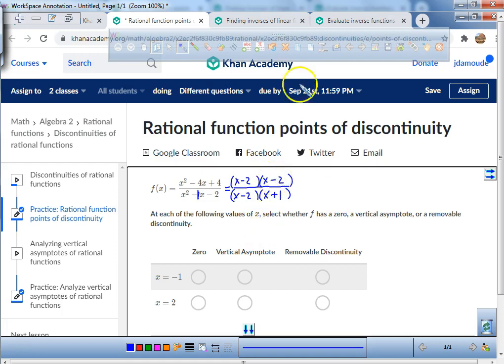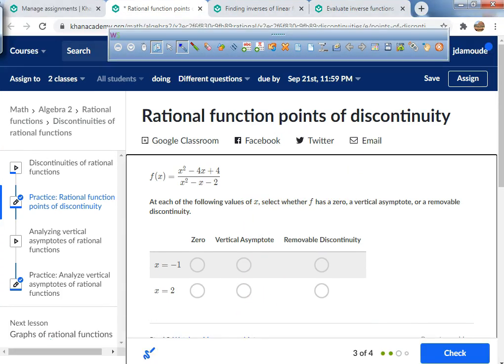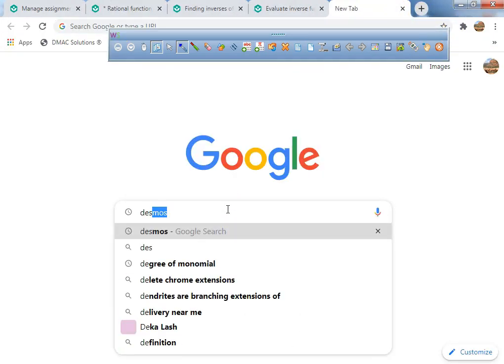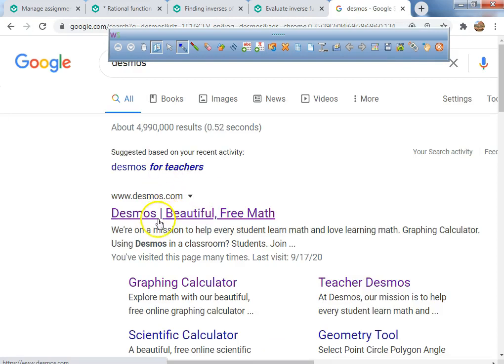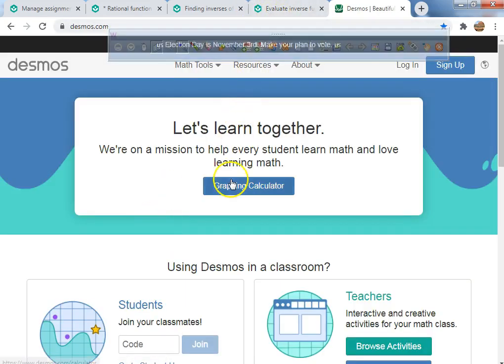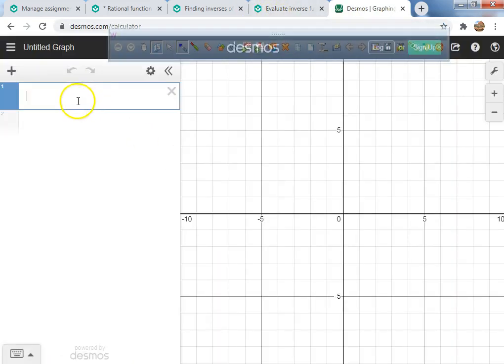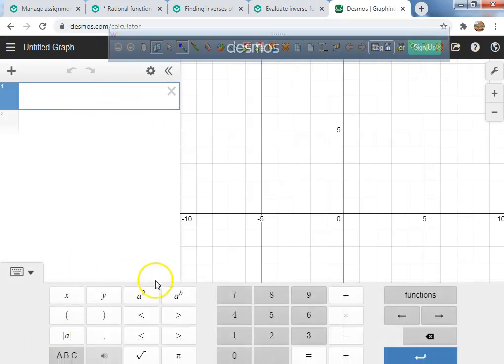I'm going to go to Desmos real quick. We'll type this in as a function. You don't have to put y equals; sometimes you can just put in your rational function.